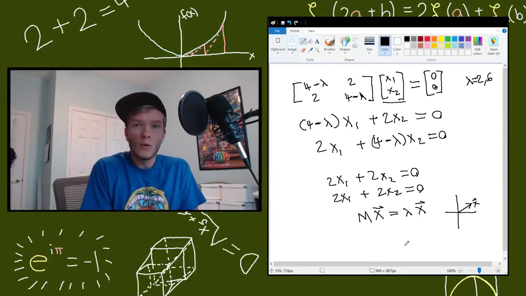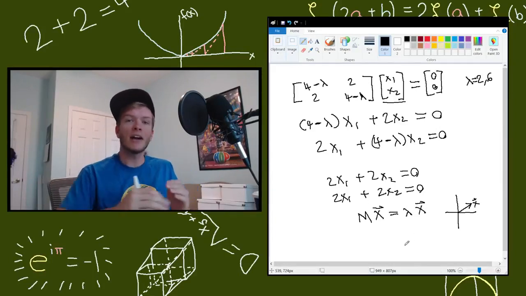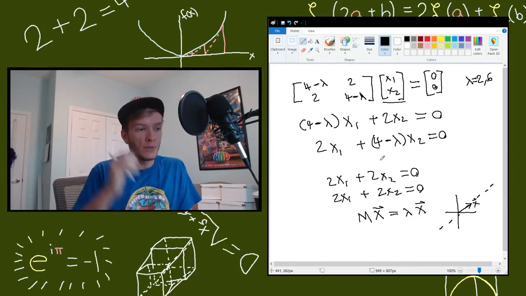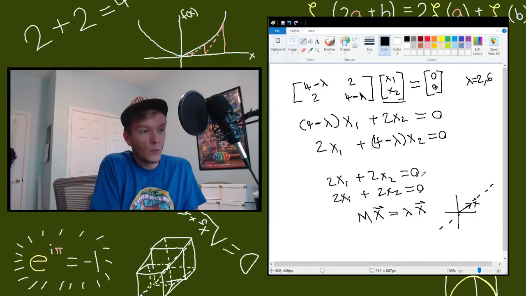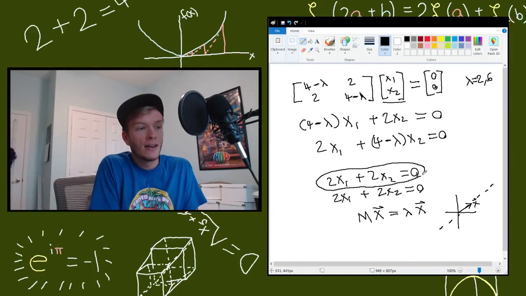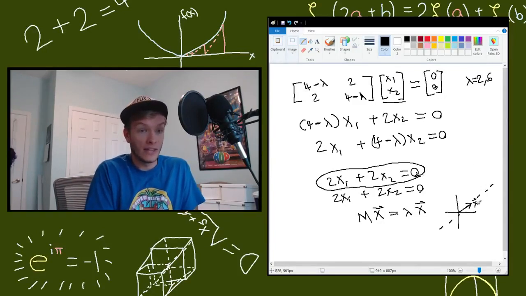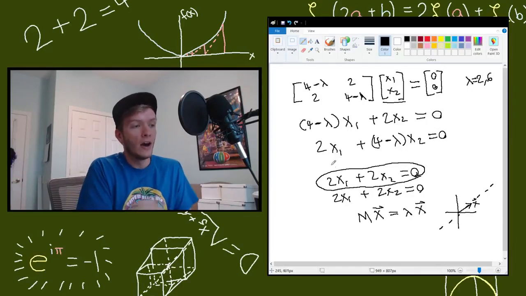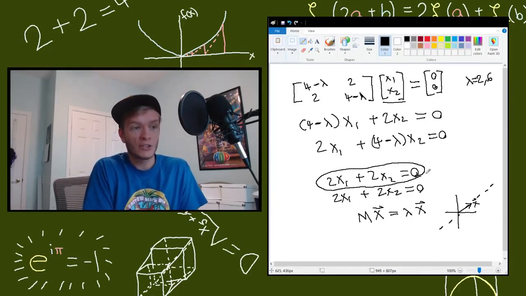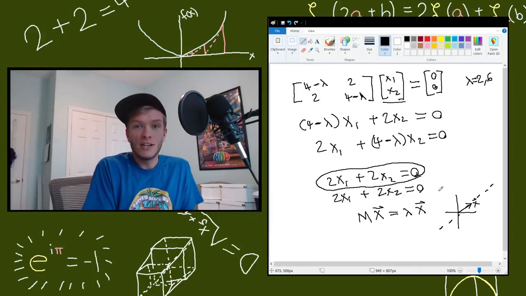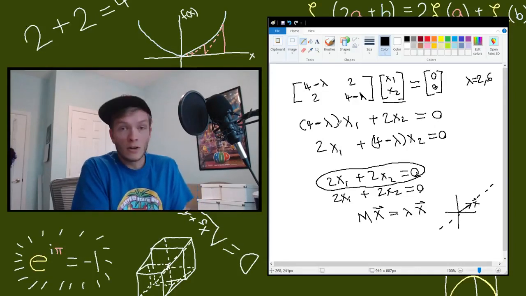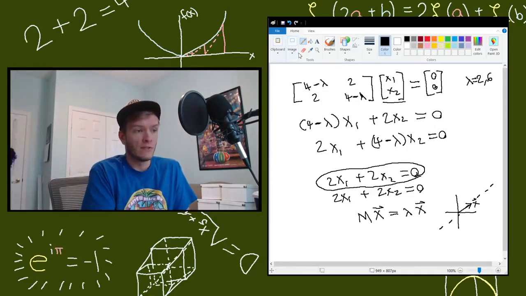So what we are actually finding is an entire family of vectors that lie along some line. Because that is what we are getting. We're getting the actual line that this vector lies on. And so what that means is any vector that is along the line of 2x1 plus 2x2 is equal to 0 will actually satisfy this equation and be an eigenvector. So we are going to solve to find out what those vectors are.